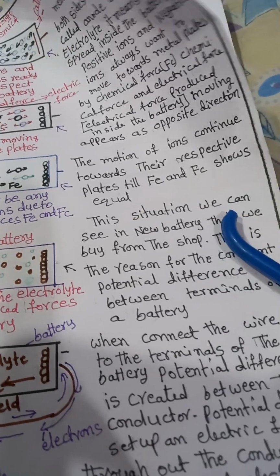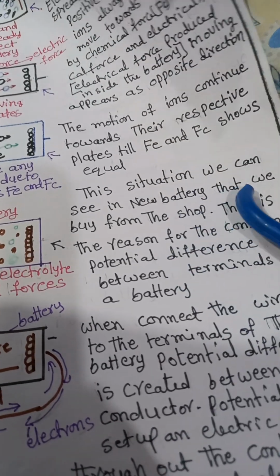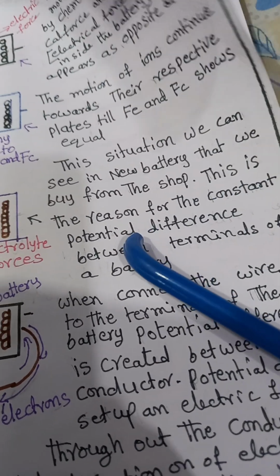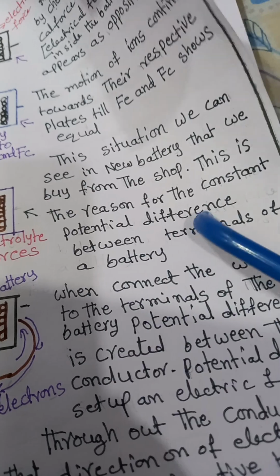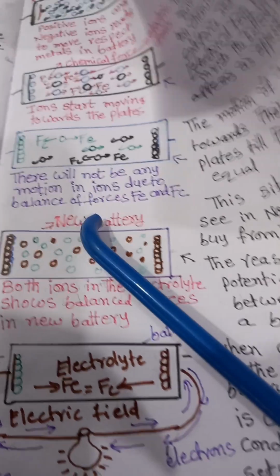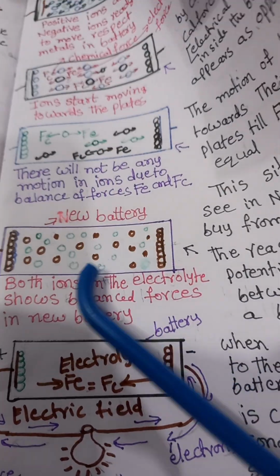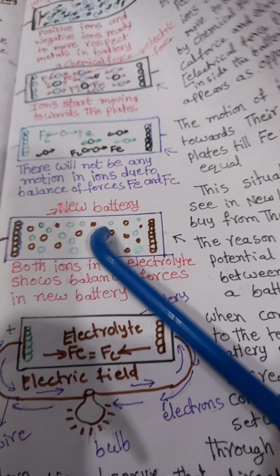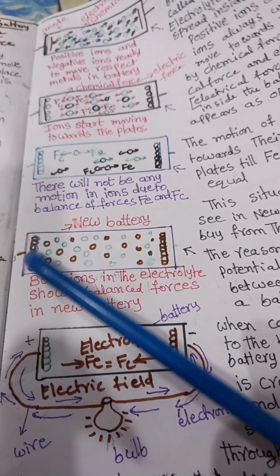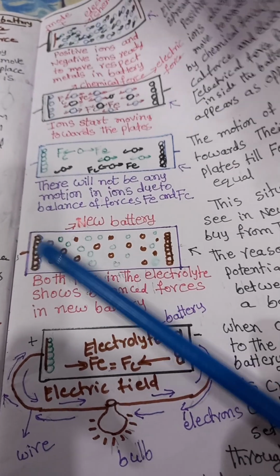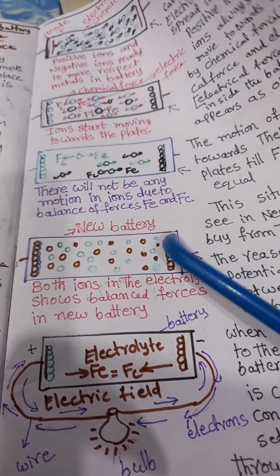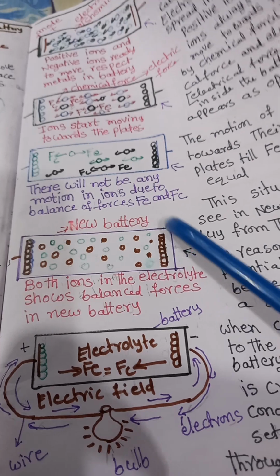This situation we can see in a new battery that we buy from the shop. This is the reason for the constant potential difference between the terminals of a battery. So on the first metal plate, the positive ions are accumulated, and the other metal plate contains many negative ions.